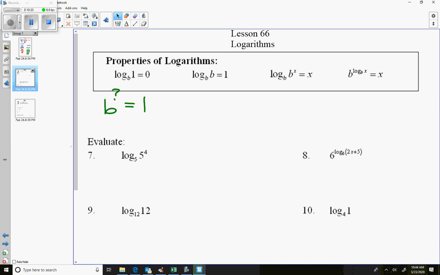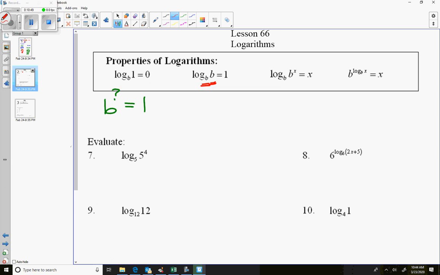Next one. If the base of your logarithm and the argument are the same thing, so log base b of b, it will always be an answer of 1. Last two, exponentials and logarithms are inverses of each other.